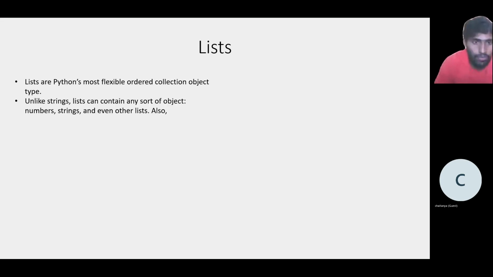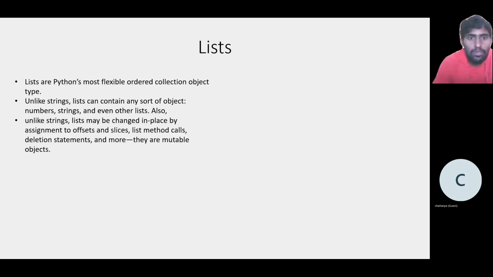You can use any sort of thing, so you can do all operations. Now we will talk about mutability and immutability. So strings can't change in place, whereas lists can change.